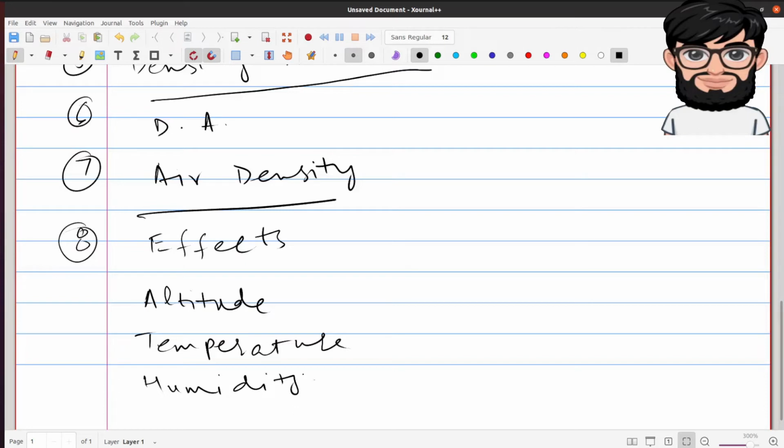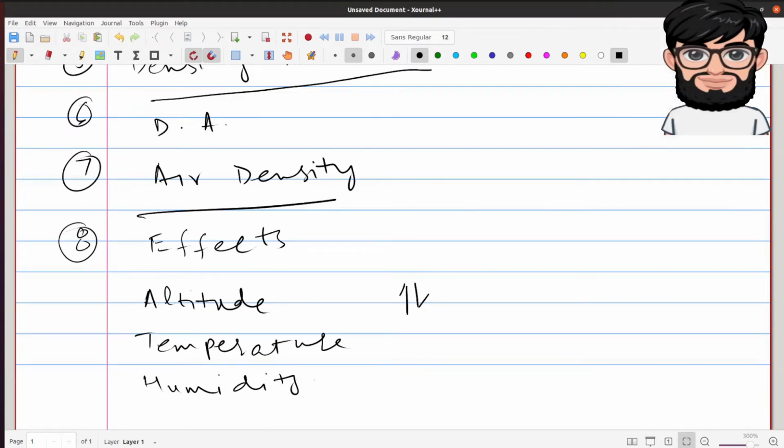Okay, so air density is inversely proportional to the altitude. The higher the altitude, the less dense the air is going to be. So the relationship is reverse.